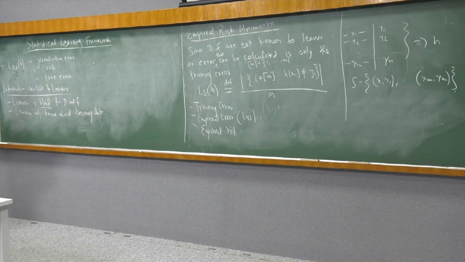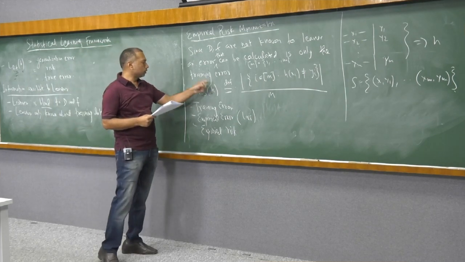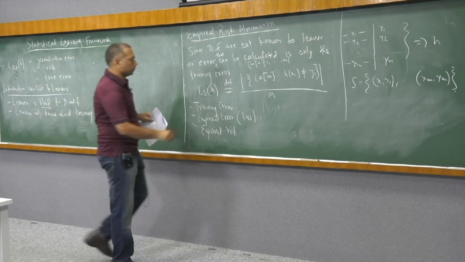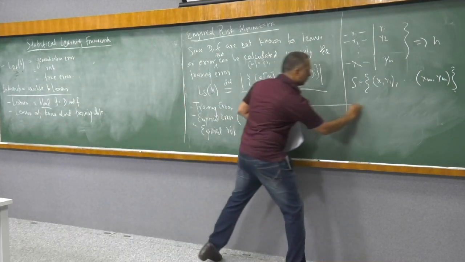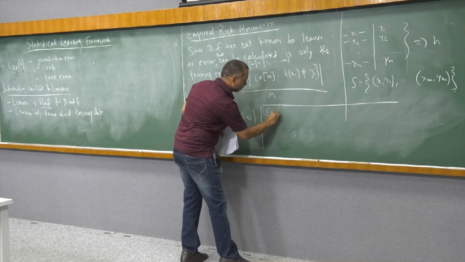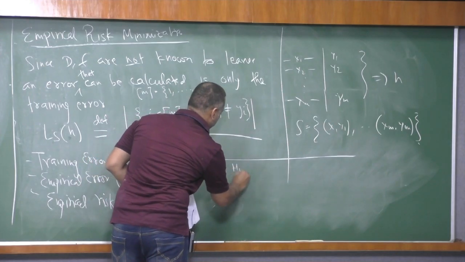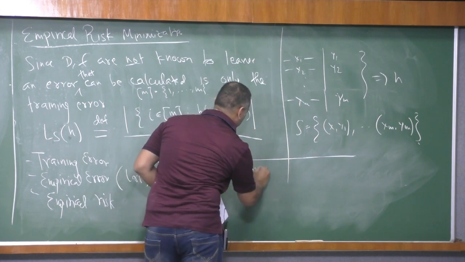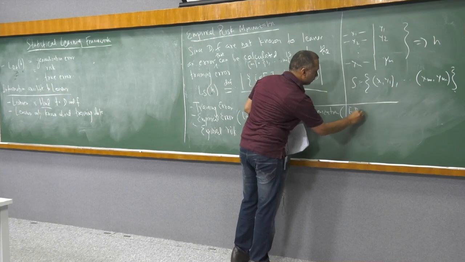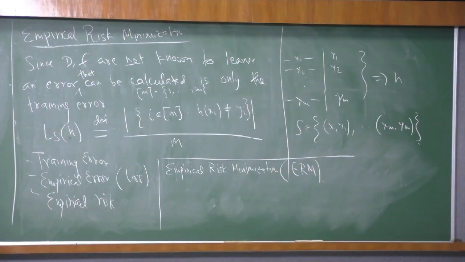So empirical risk minimization is the problem of discovering H for which LS of H is minimal. Okay, so that's called empirical risk minimization. So here I can define that. Empirical risk minimization, so this is called ERM. When you read machine learning papers and books, you will see this all the time.